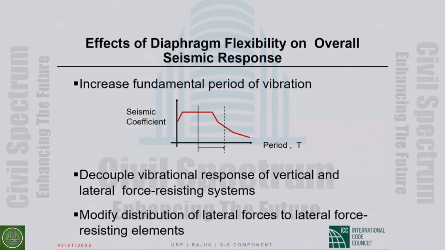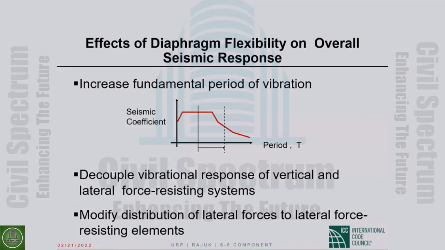Now, if diaphragms are flexible, flexible diaphragms typically are, take the parking structure. A parking structure bay is about 60 feet wide. That doesn't vary, could be 62 feet, but something in that range.